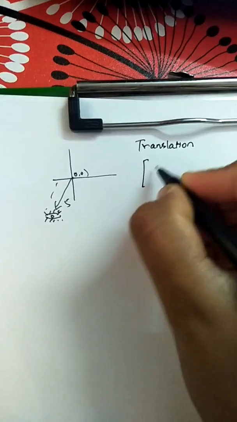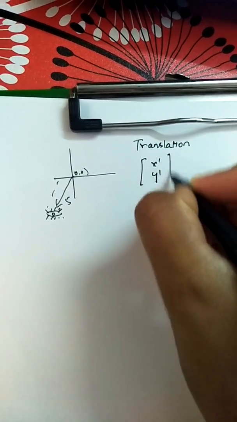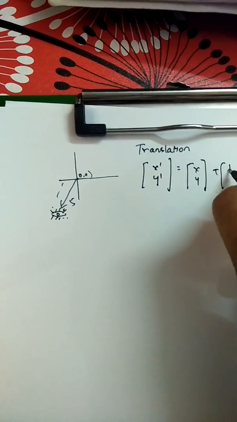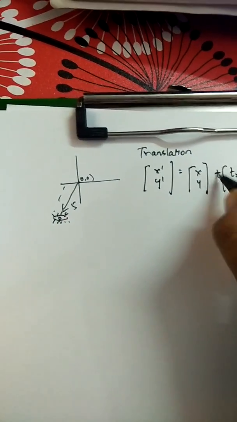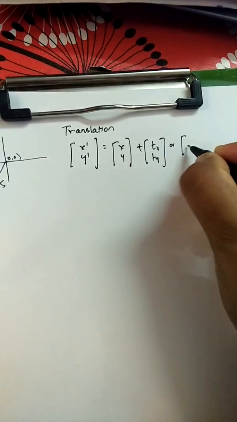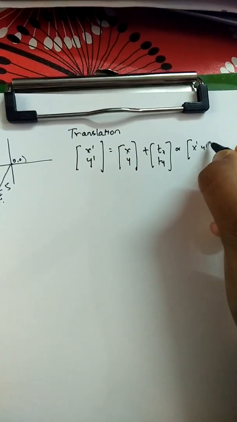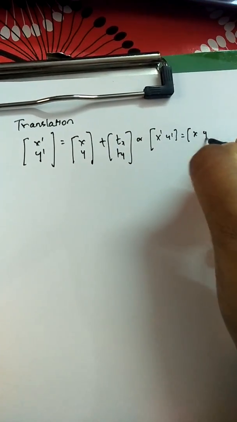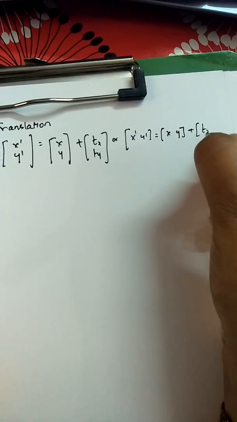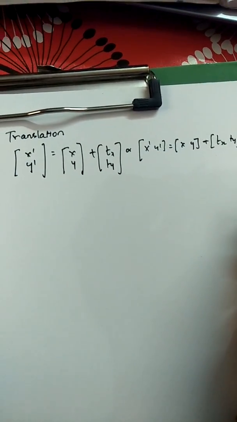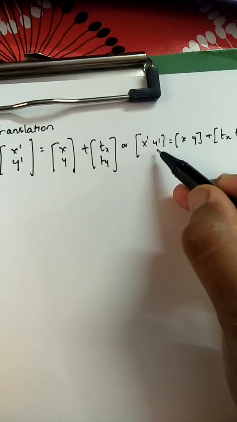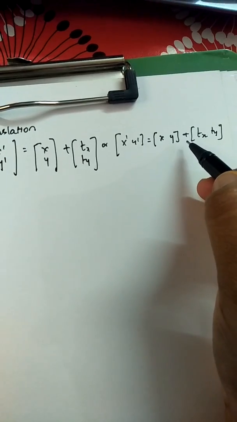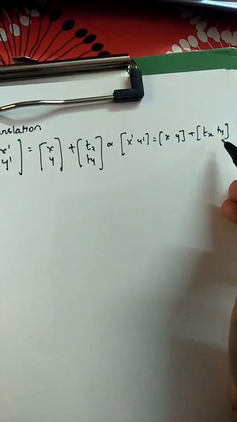With respect to translation, the matrix representation can be written in this way or in this way. So, the new coordinates will be the old coordinates plus the translation parameters.